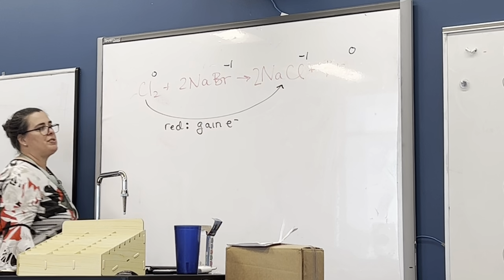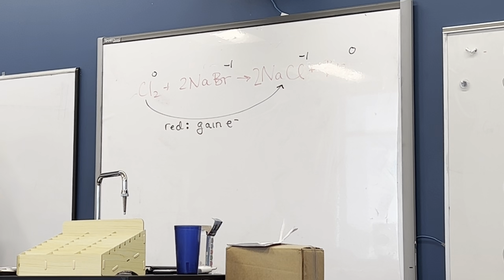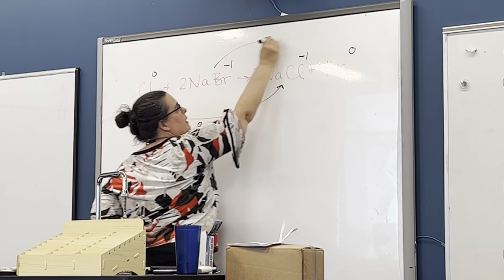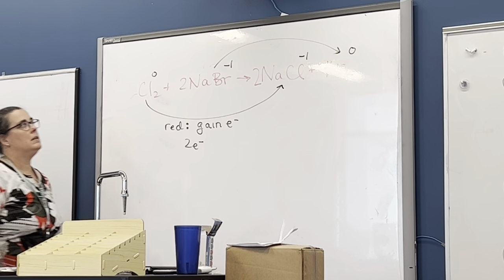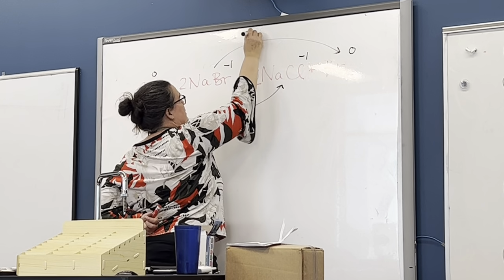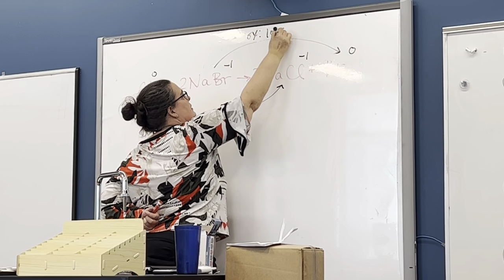How many total electrons are being gained? How about here? And how are you getting that it's 2?